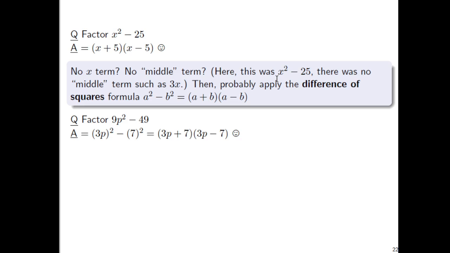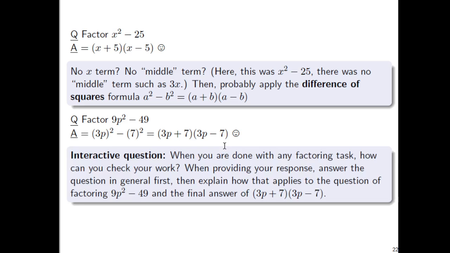If this doesn't look right to you, or you're bothered by the work in the middle, this is just meant to mimic the format of the true formula that's in the blue box. But you can check. You can take 3p plus 7 times 3p minus 7 and go through all the expanding and see if you get back 9p squared minus 49.